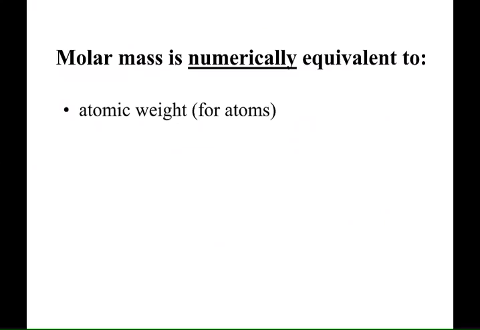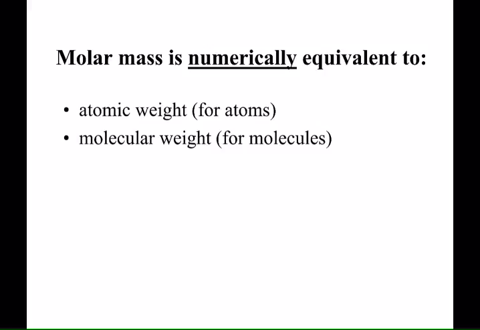So molar mass. We said the molar mass for the elements is the same thing as the decimal number for that element, or the atomic weight. That's the molar mass for the element, for an atom. The molar mass for molecules is something that we recently calculated in this class.